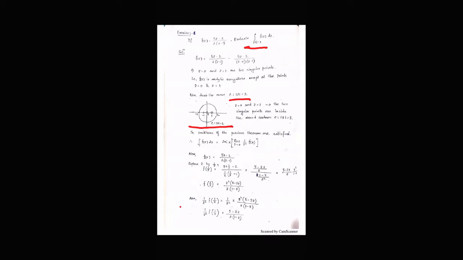And from this diagram, it is clear that z equal to 0 and z equal to 1, the two singular points, are inside the closed contour C. So f(z), the function, is analytic everywhere except at the points z equal to 0 and z equal to 1. That is, z equal to 0 and z equal to 1 are the only singularities of the function f(z), and all the singular points of f(z) are inside the closed contour C.